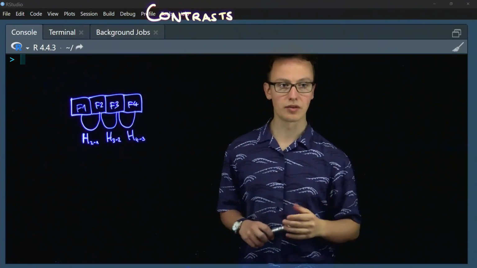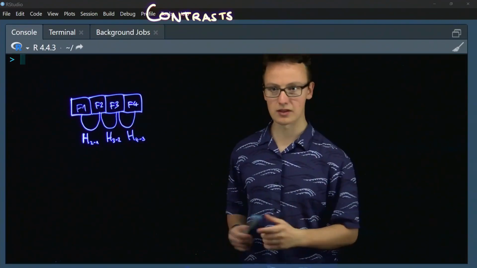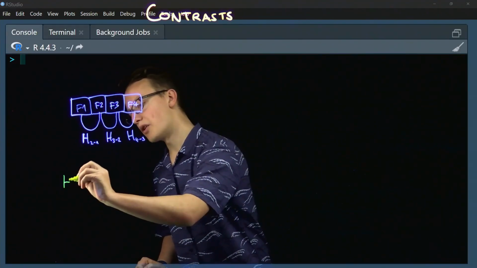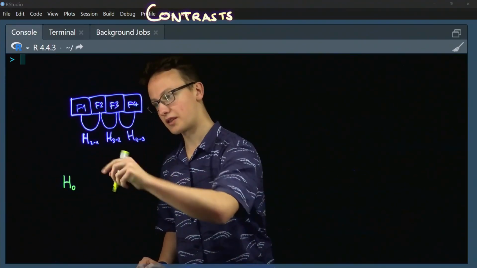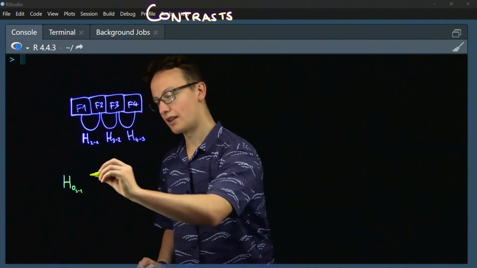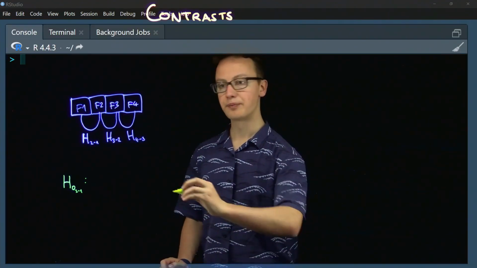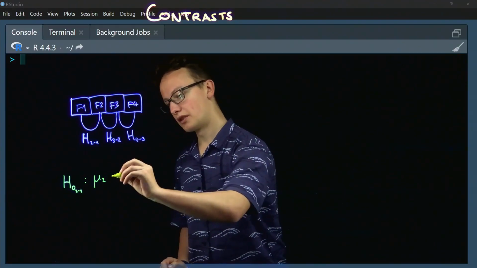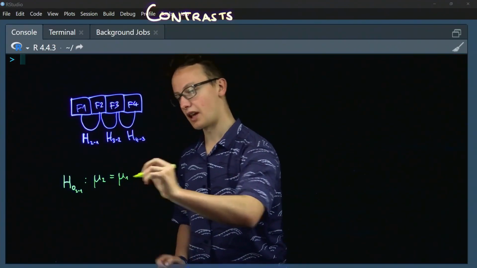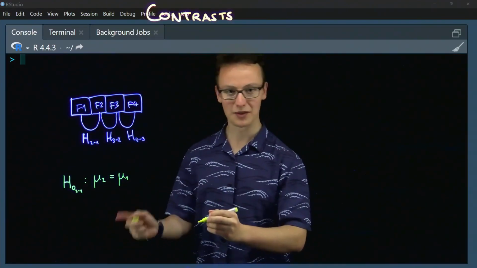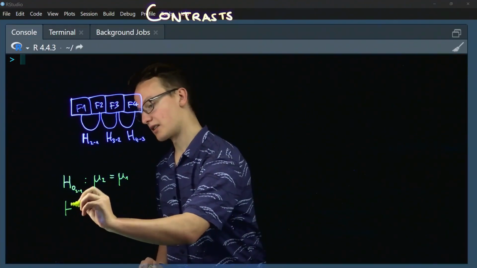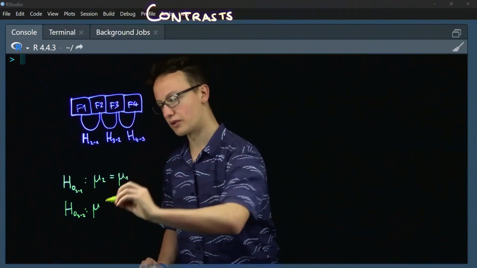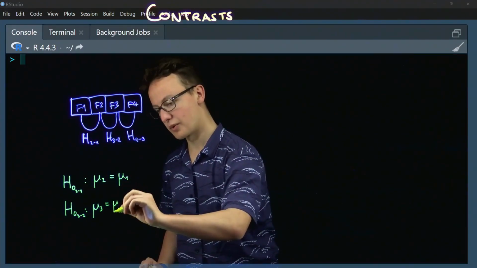Now, how would the hypothesis matrix look? Well, let's think about it the same way as we did before. So we could say our null hypothesis H0 for the first comparison states that the difference between mu2 and mu1 is 0, or in other words, that mu2 is equal to mu1. For the second comparison, likewise, the mean of the third group is equal to the mean of the second group.